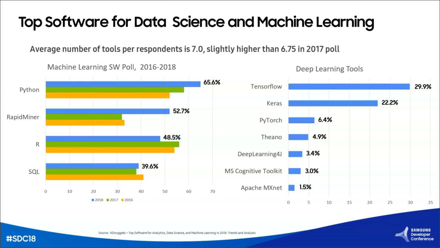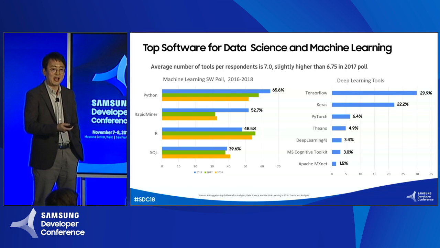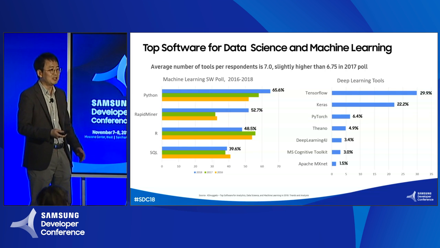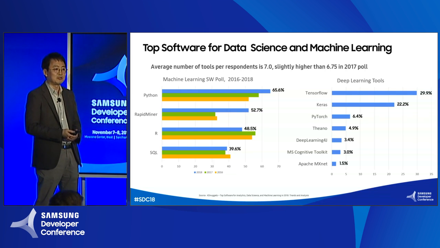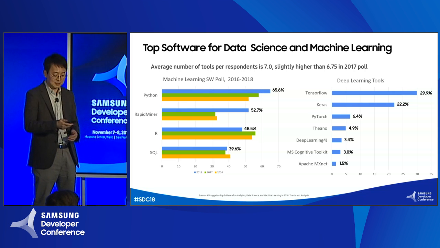So KDnuggets conducted a survey on top software for data science and machine learning. Data scientists were asked to answer about the software tools and AI platforms they are using for their machine learning projects during the last 12 months.